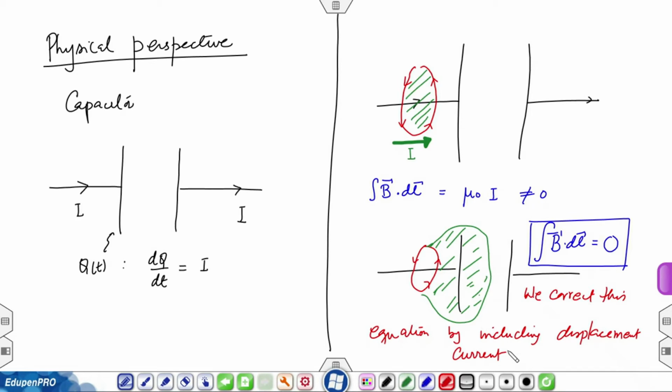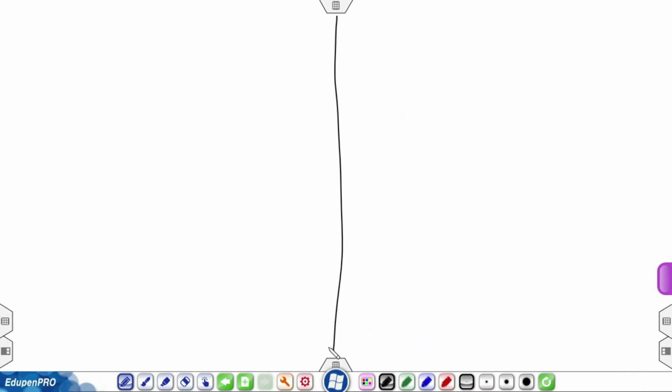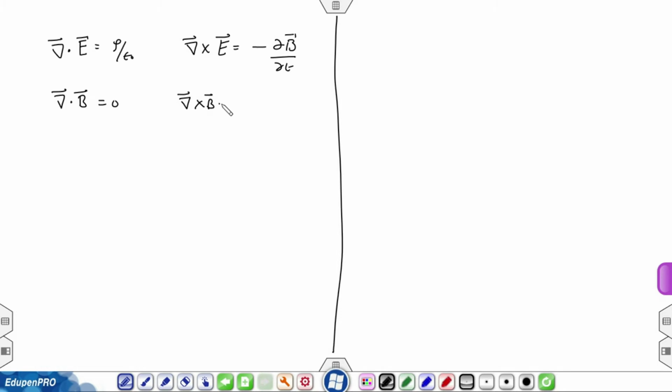Now, let us play with these equations a little more. So, we have these 4 equations. Divergence of E equals rho over epsilon 0, curl of E equals minus dB dt, divergence of B is 0, curl of B equals mu 0 j plus mu 0 epsilon 0 dE dt.